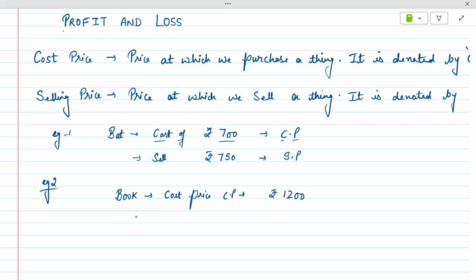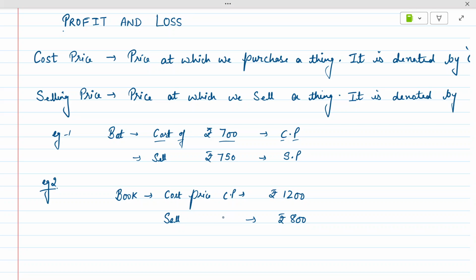Now tomorrow I felt like, okay, I read that book in 2-3 days, and after 2-3 days I realized, okay, let me sell this book, and I sold that book at rupees 800. So I purchased it at a higher price, 1200, but I'm selling it at a lower price, 800 rupees.